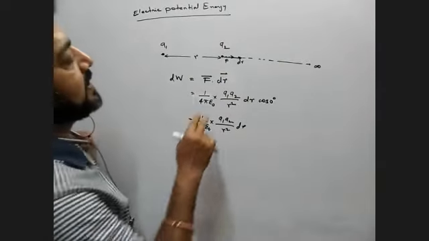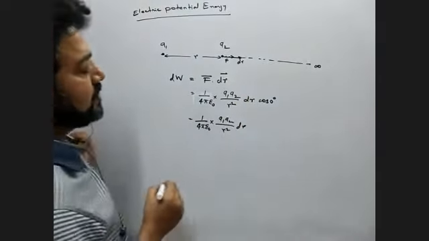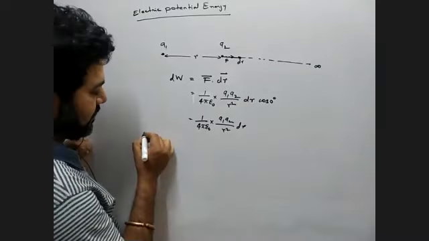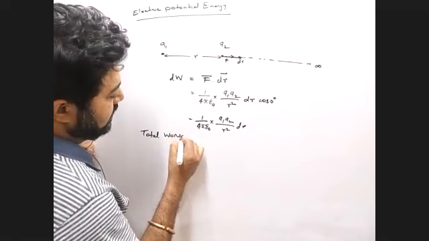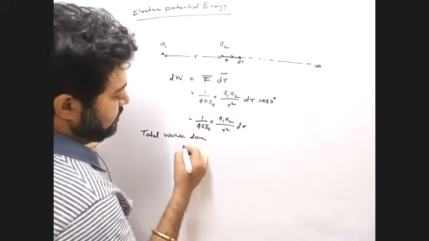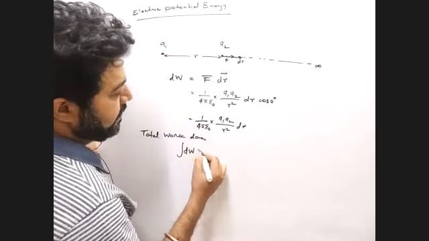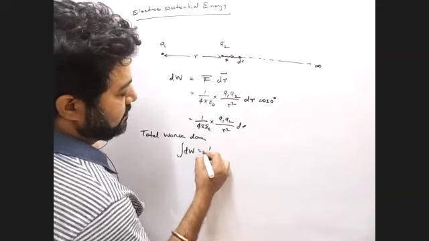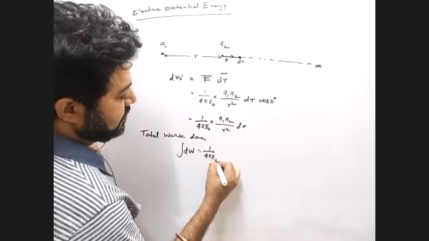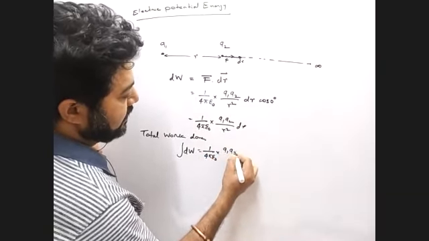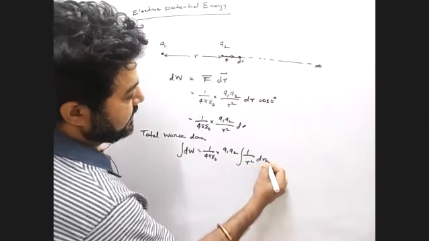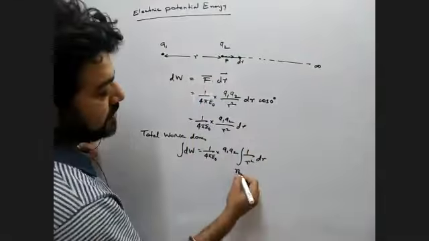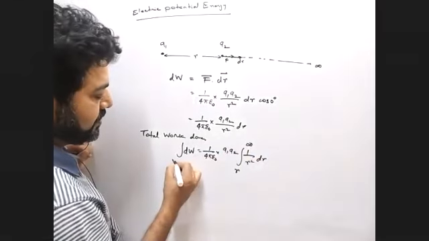Now to move the particle from r to infinity, the total work done is the integral of 1 by 4 pi epsilon naught Q1 Q2 1 by r square dr, from r to infinity.